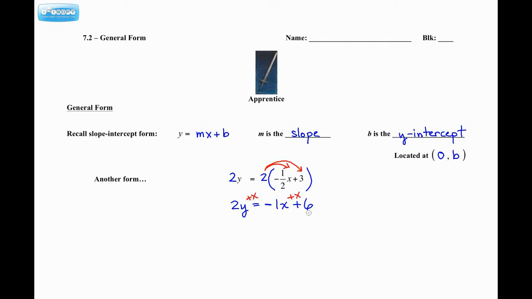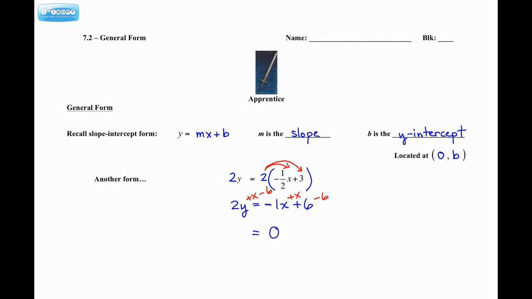And I'm also going to get rid of this positive 6, so the only way to do that is to subtract it from both sides. And there we go. So what happens is everything on the right disappears. So the only thing we can write is 0.